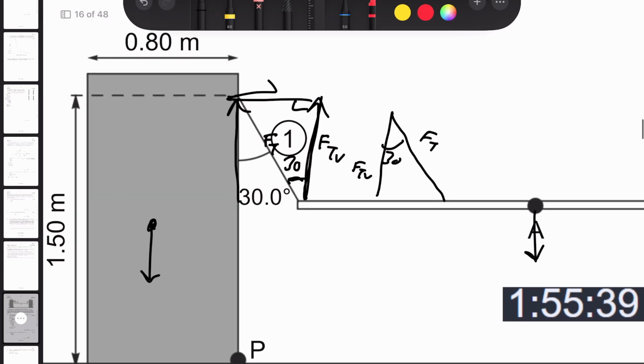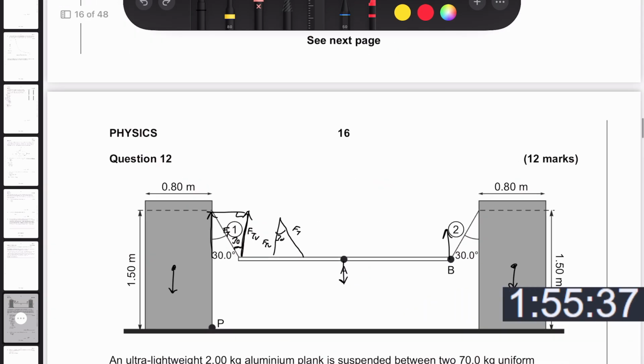Oh, because these are all going to be pulling over there. Right.